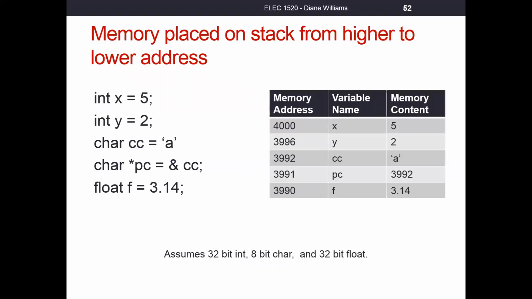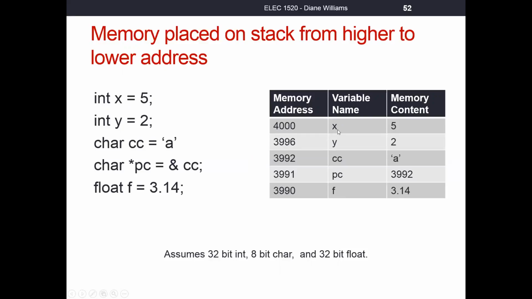So we want to remember then that memory is placed on the stack from higher to lower addresses. Now going back to this example where we've discussed this previously, if X is the first thing declared, then in the scope of memory, X is placed out on the stack. So I use 4000 as the high address.